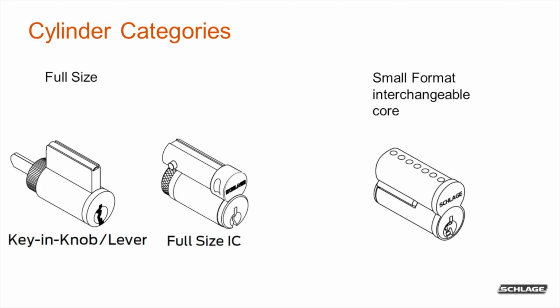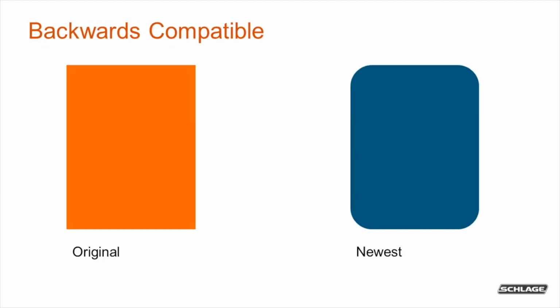The conventional cylinders, such as the key in lever, full-size interchangeable core, and small format interchangeable core, are available to meet your system's need. Backwards compatible is an idea not confined just to key systems. Backwards compatible means the newest version of the item will work with older models.